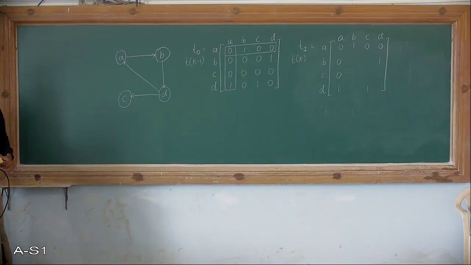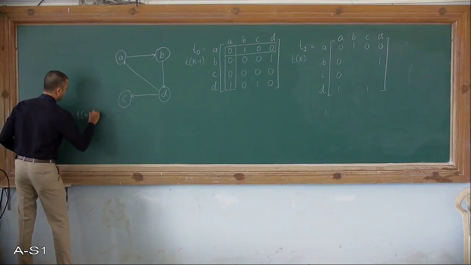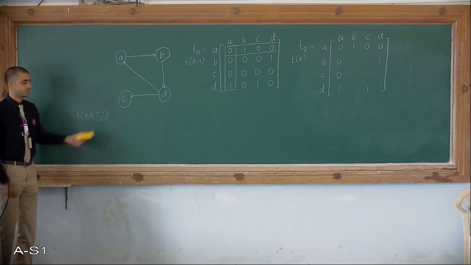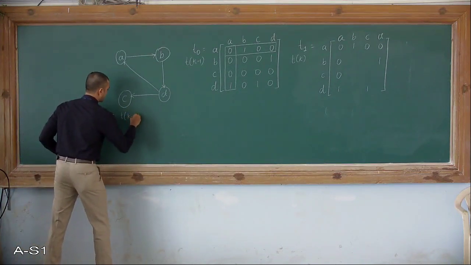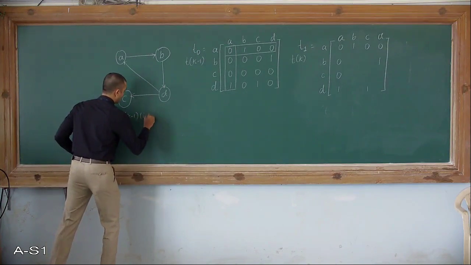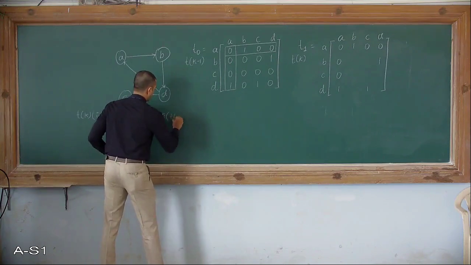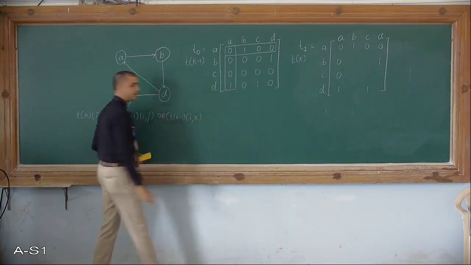That rule says T of k i comma j, which represents the vertices, is equal to T of k minus 1 i comma j, or T of k minus 1 i comma k.